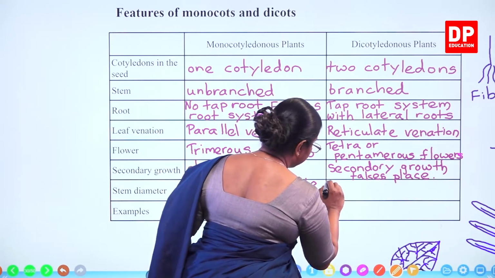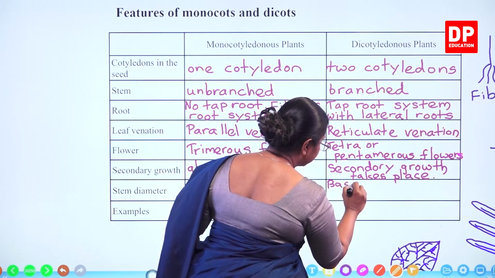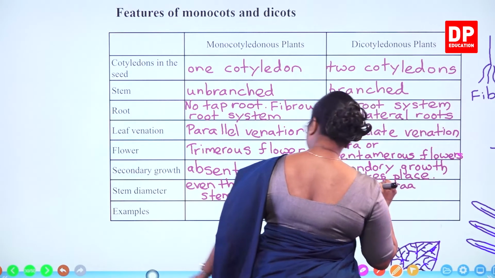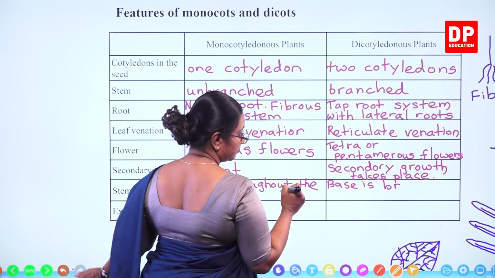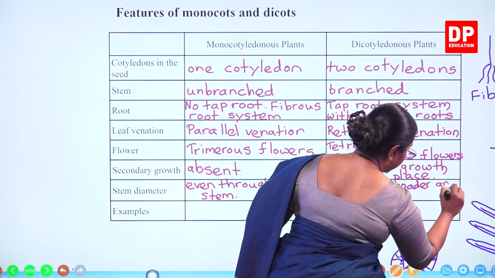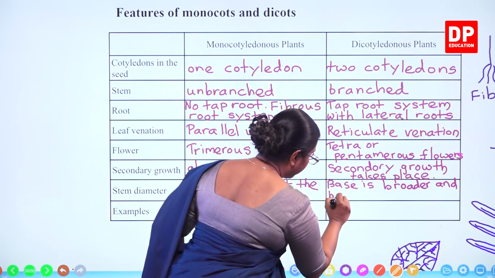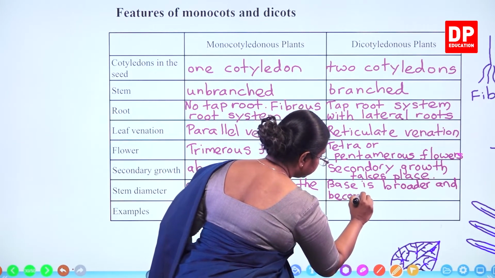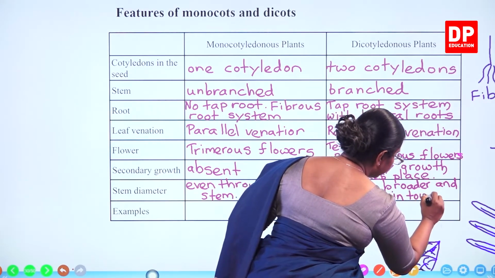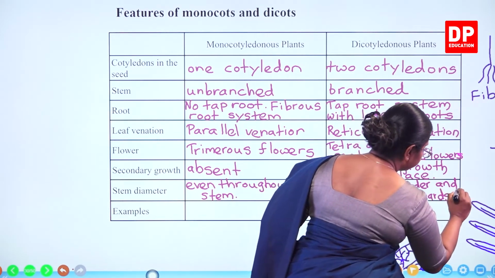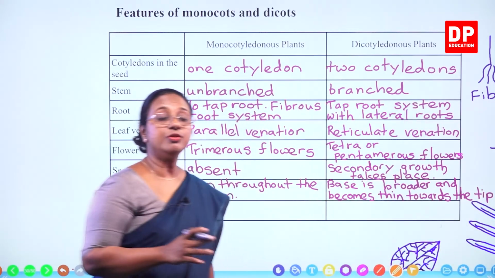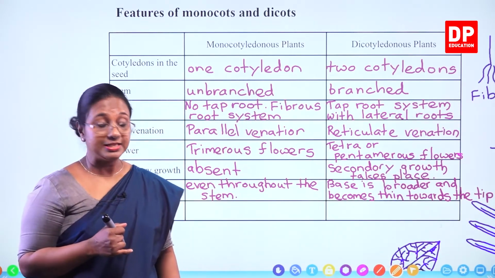Here we can say the base is broader and becomes thin towards the tip. So that is how the branch of the dicot plant is.